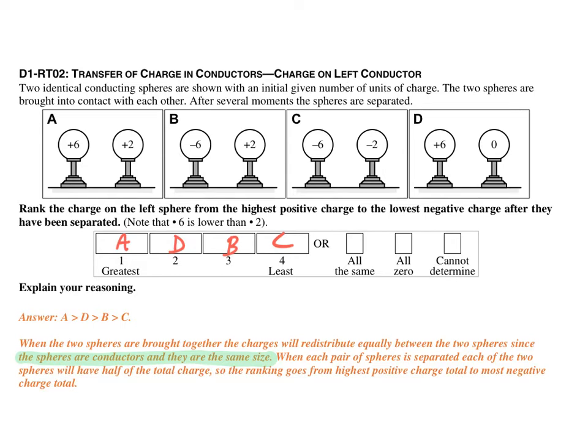That right there that I highlight is the only reason that charge works out as the average. If they were different sizes, it wouldn't be an average, because the larger sphere would have more area, more space in which electrons could go. And that's where they will go.